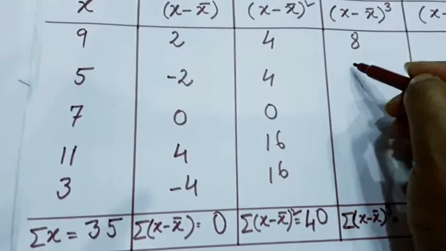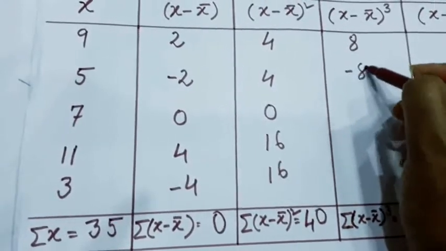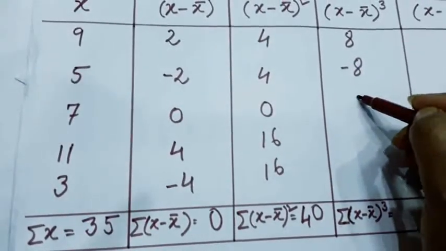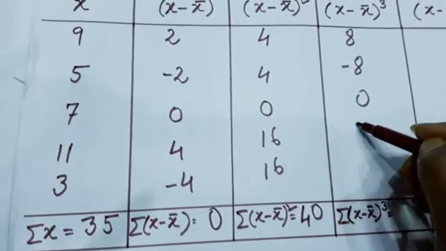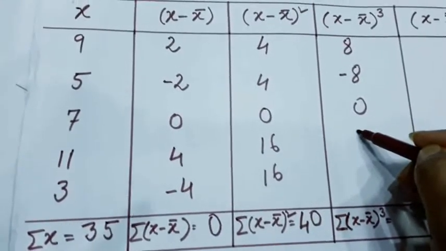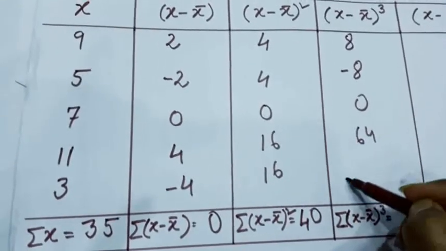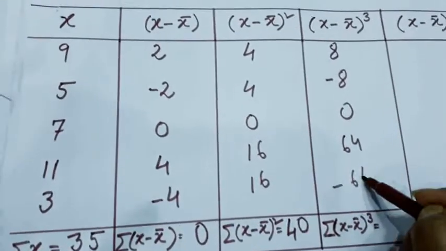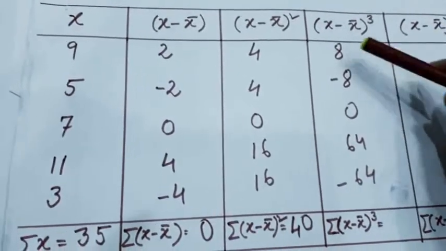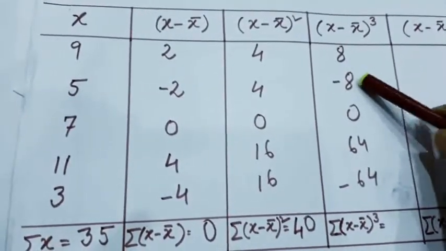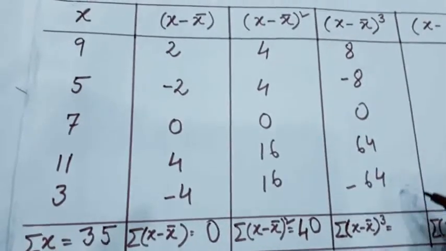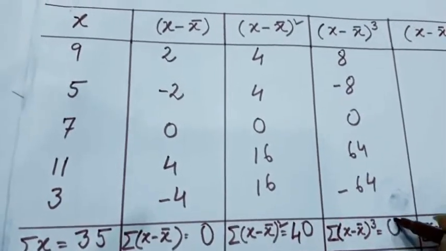Minus 2 cube, minus 8. 0 cube, 0. 4 cube is what? 64. Minus 4 whole cube, minus 64. If we add up this, 8 plus 8 minus 8, 0, it is 0.